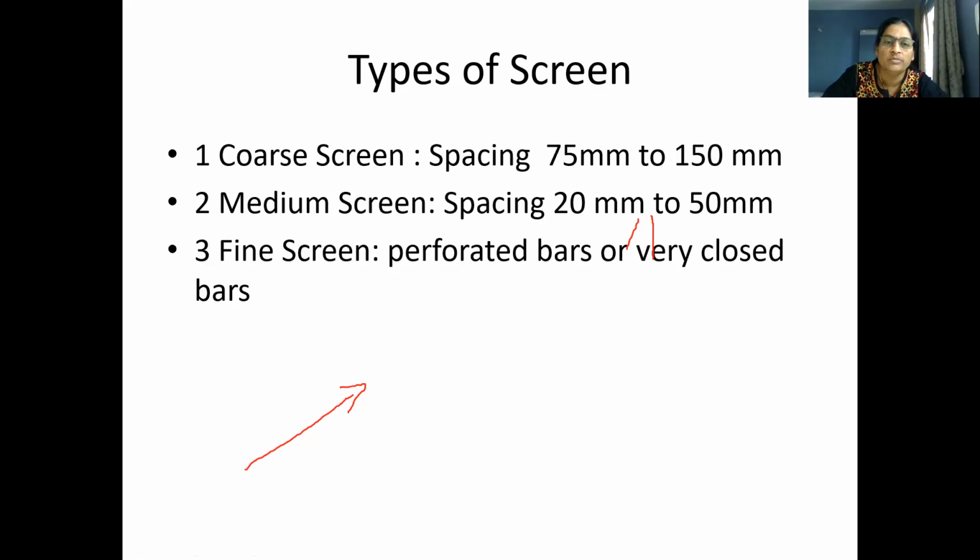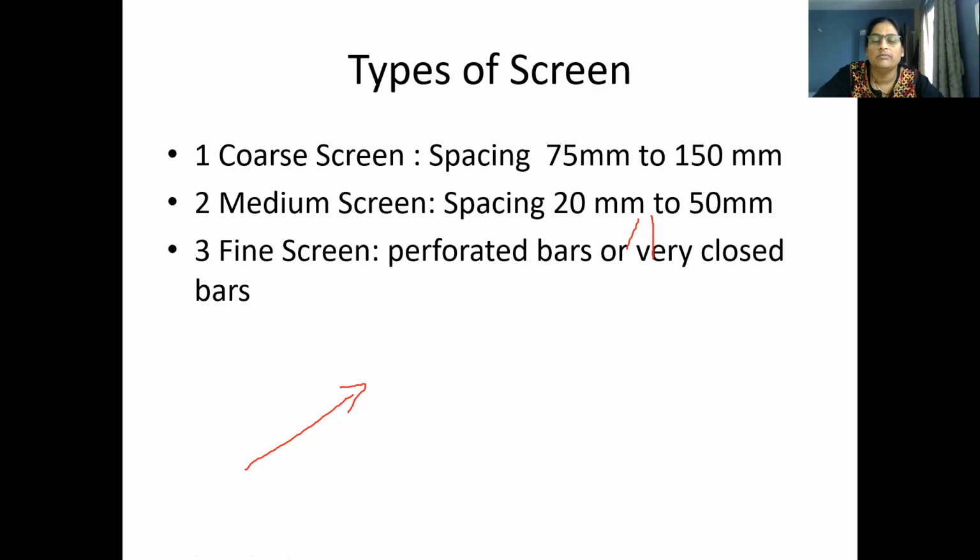Coarse screen means it will help to remove the larger size particles. The medium screen has a spacing between two bars of 20 mm to 50 mm. And the fine screens are usually perforated bars or a very closed mesh. Usually it is a mesh.